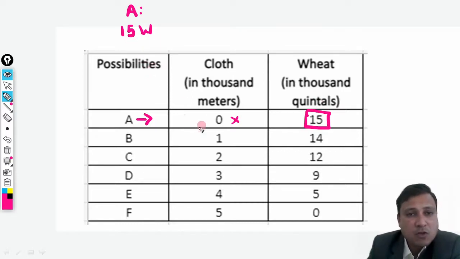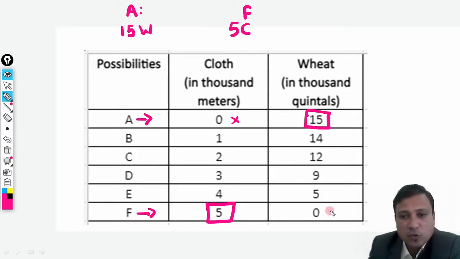Now, if I go to the extreme opposite case, in the F possibility, using all my country's resources, we are able to produce 5 clothes, 5C. So I'm going to write here 5C, and no wheat. There is no production of the wheat.